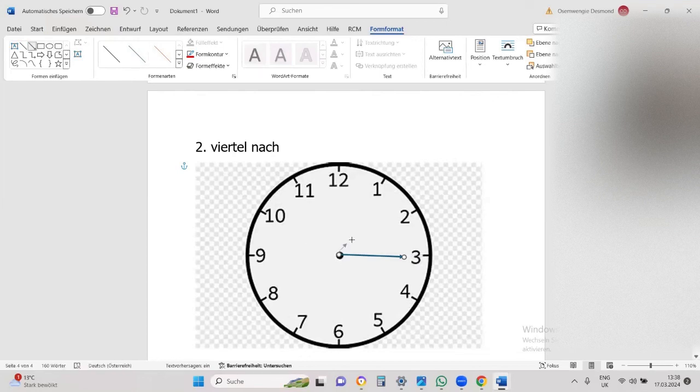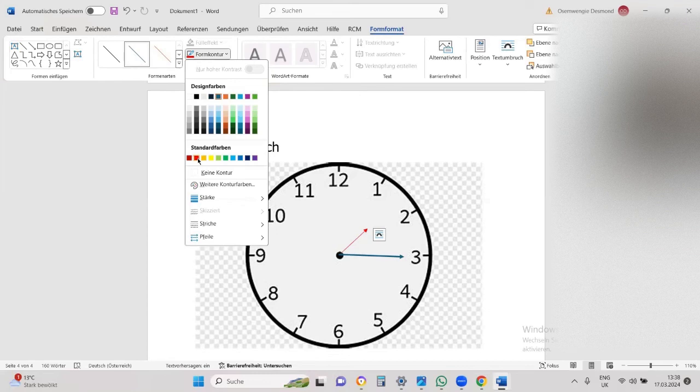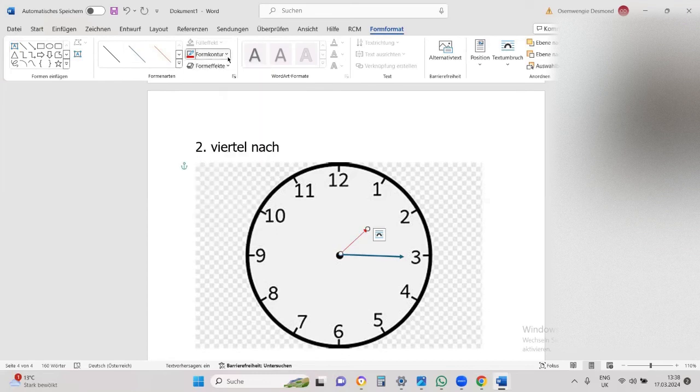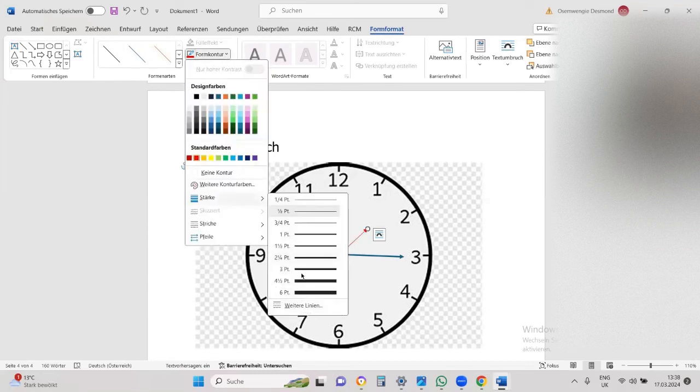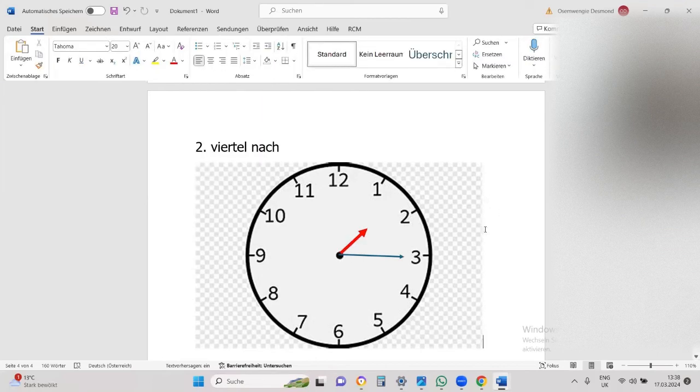And let's assume now the Stundenzeiger is going to what? You just passed. And I will use that as the red color, a little bit thicker. Cool.